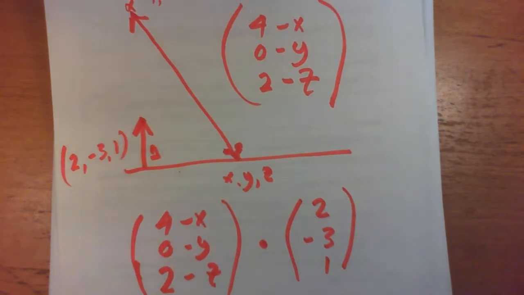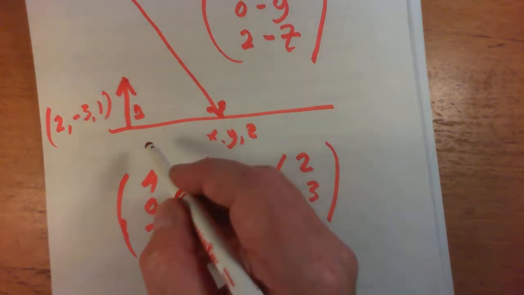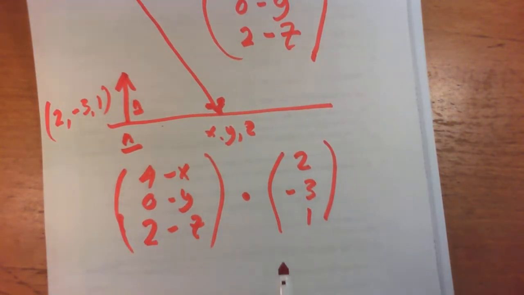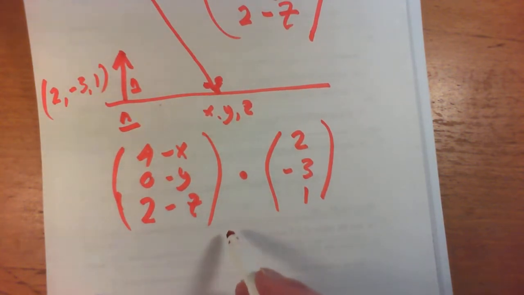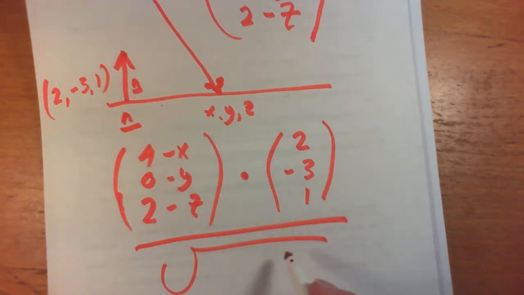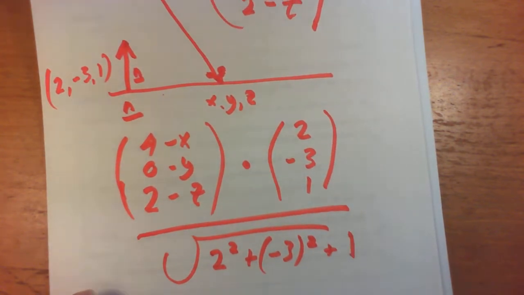So I need the scalar product with n, but the unit vector of n, so I'll divide through by the square root of 2 squared plus minus 3 squared plus 1.